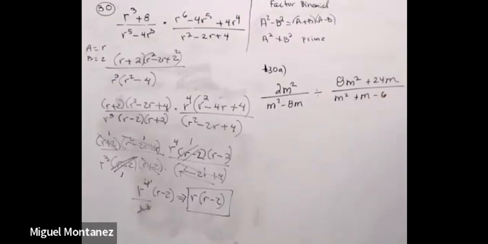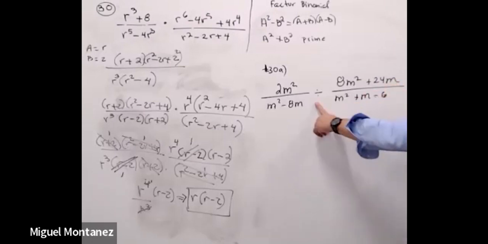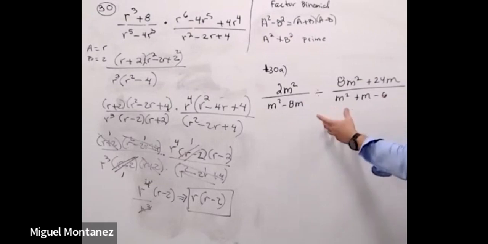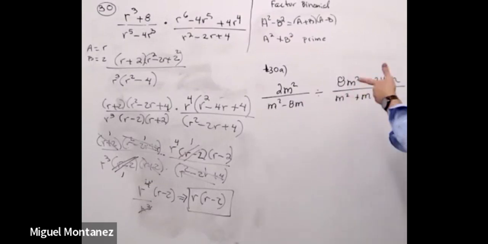Everything is almost the same. One thing that we have to remember every time we divide: division is the same thing as multiplying by the reciprocal, right? So what I like to do, even in my class, my students will know, is factor and flip it at the same time, okay?